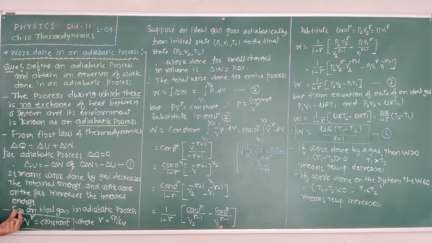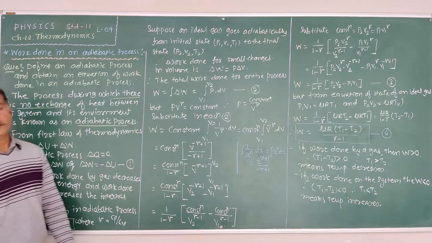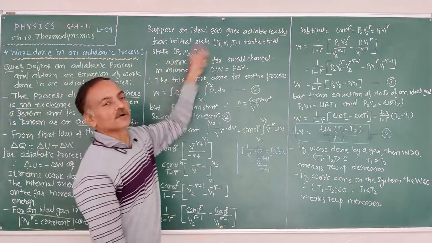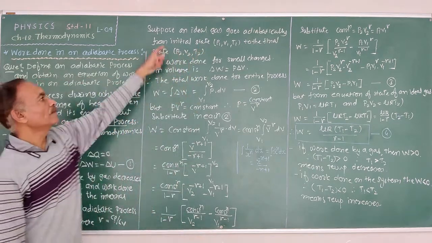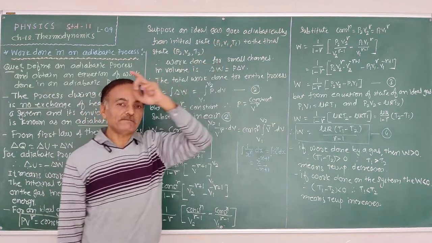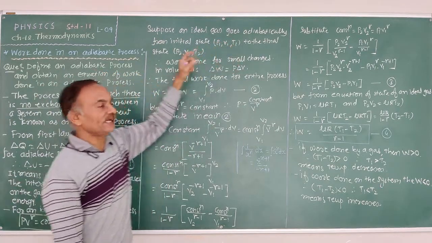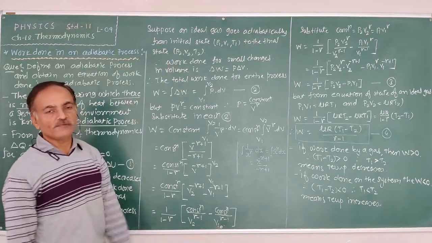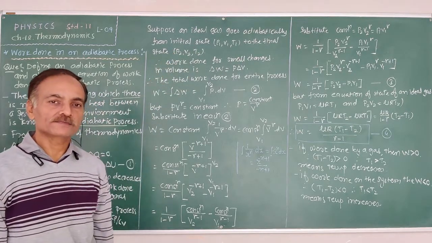Now, for an ideal gas in an adiabatic process, PV to the power gamma is equal to constant, and gamma is equal to Cp upon Cv. Suppose an ideal gas goes adiabatically from an initial state, pressure P1, volume V1, temperature T1, to the final state, pressure P2, volume V2 and temperature T2.